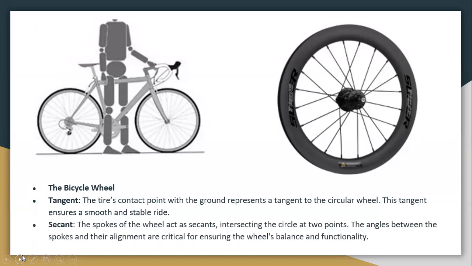Now also the bicycle spokes, like we have said, form what we call a sector, and from the sector we shall be able to obtain what we call a secant. Even here, you need to take note that if someone doesn't arrange them very well in the form of a secant, you'll still not be stable on the ground.